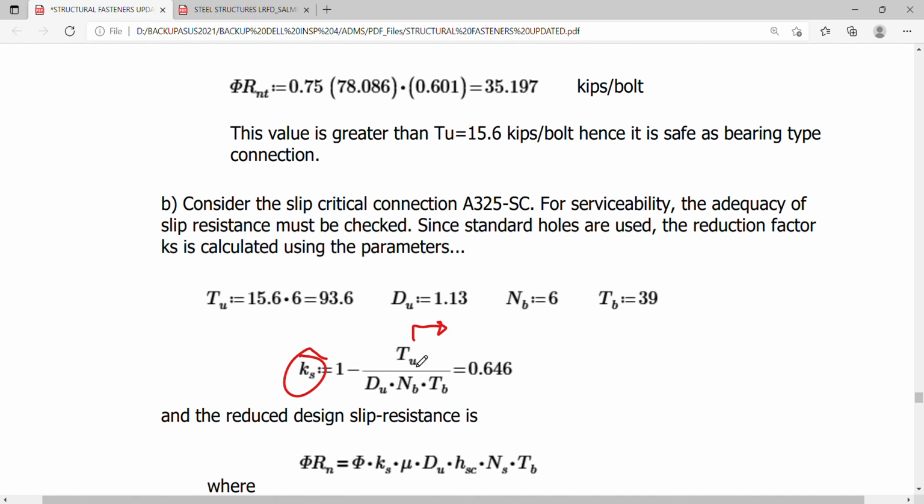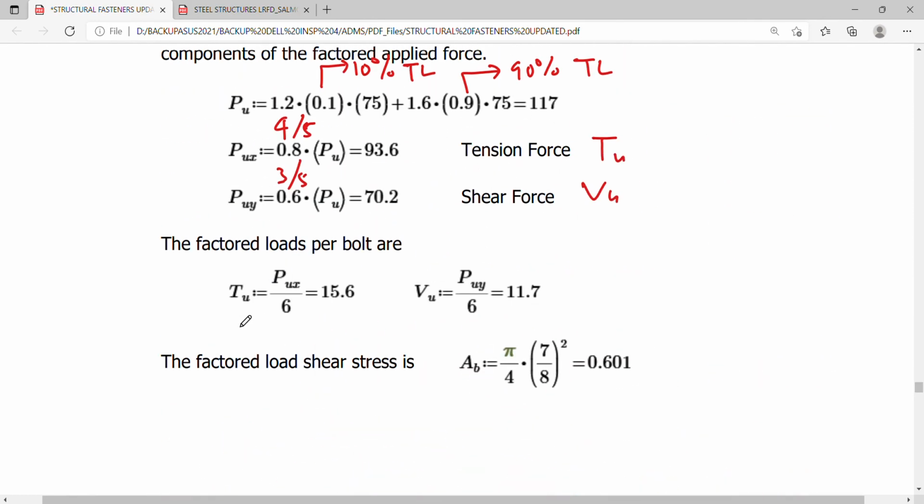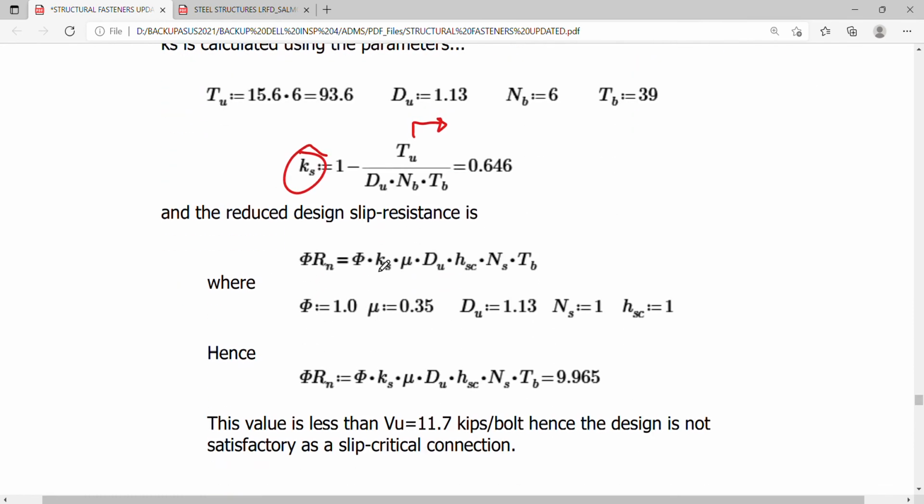So if we compute now Ks in this formula, where du and b are equal to 1.13 and 6, Tb being 39. Of course your Tu here is the 15.6 we have computed a while ago here. So we now get Ks equals 0.646.